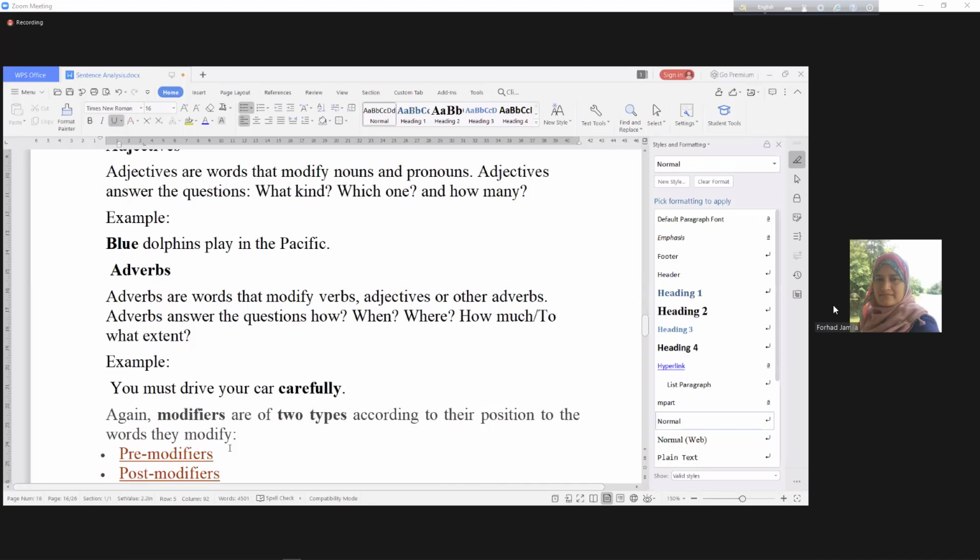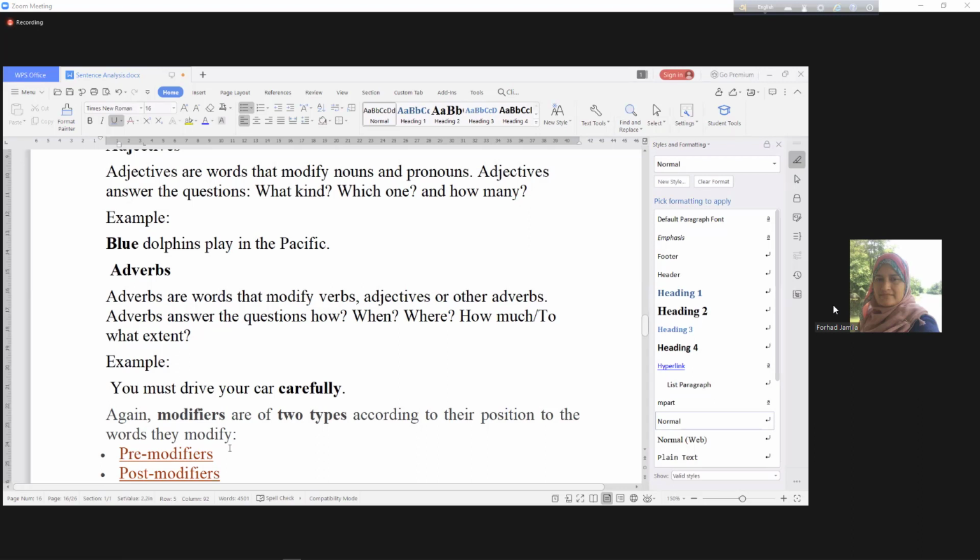Okay, so preposition. পূর্বে বসে, নাউনের পূর্বে বসে, ওই জন্য আমরা আসলে নাউনটাকে প্রিপোজিশন বলি। ওকে, সো প্রি দিয়ে আসলে সাধারণত বলা যায় যে পূর্বে, আর পোস্ট দিয়ে আফটার। So pre-modifiers: the modifiers which sit before the word that they modify are called pre-modifiers. পূর্বে বসে মডিফাই করে, আর যেগুলো পরে বসে মডিফাই করে তাদেরকে কি বলে?